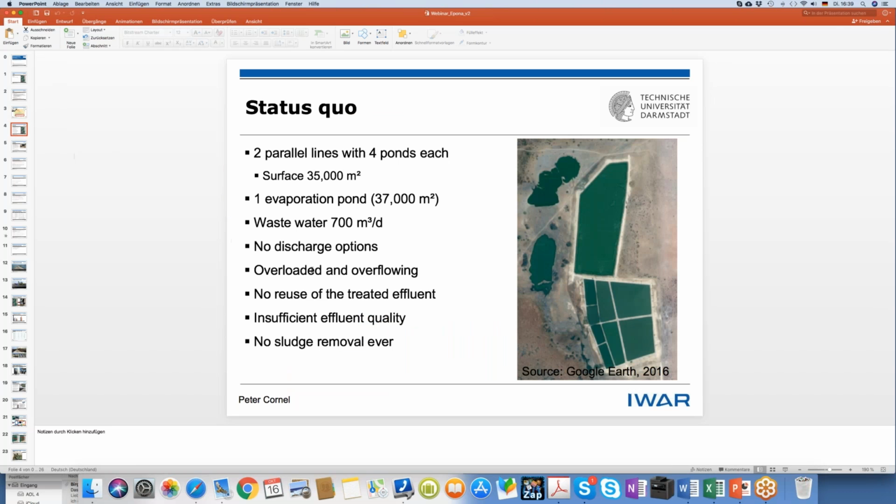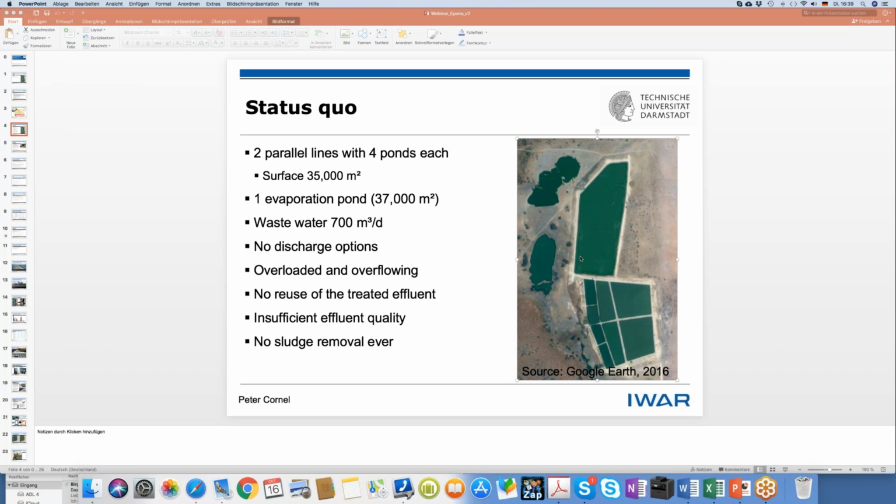They have a pond system with 2 parallel lines of 4 ponds each, 1, 2, 3, 4, and 1 evaporation pond. Wastewater is about 700 cubic meters per day, and there are no discharge options. There's no river where the water can be discharged. So we have a big overload.